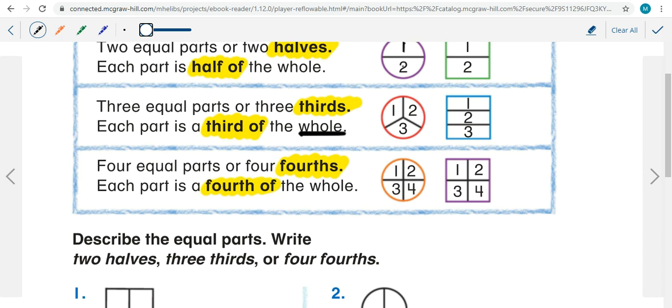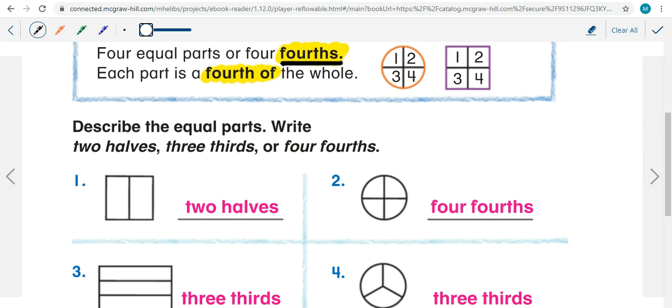The shape is divided into 4 equal parts. So as you can see, you have 1, 2, 3, 4 equal parts. So remember, halves, mitades, thirds, tercios, and fourths, cuartos. Each shape is divided into equal parts, partes iguales.